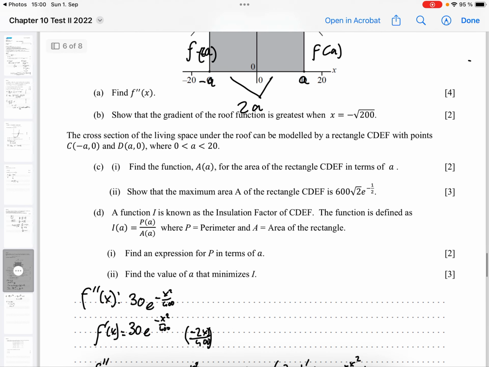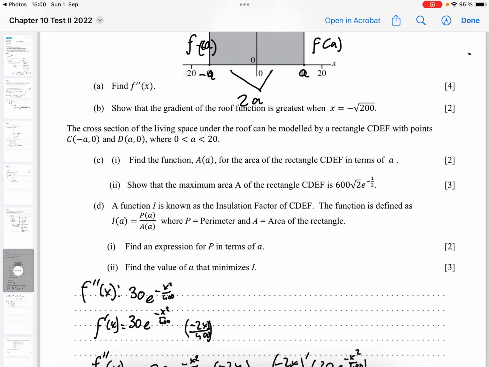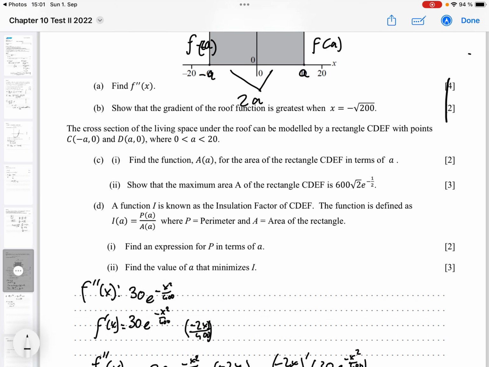So now part 2 says show that the maximum area of the rectangle CDEF is 600 root 2e to the negative 1 over 2. This question is actually a bit trickier than any of the ones we've had so far, because it involves a bit of outside the box thinking. So what we have to do in order to get this question solved is plot the graph of the function that we had before.